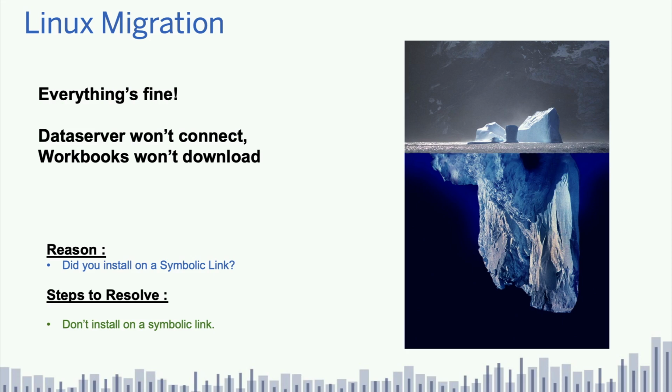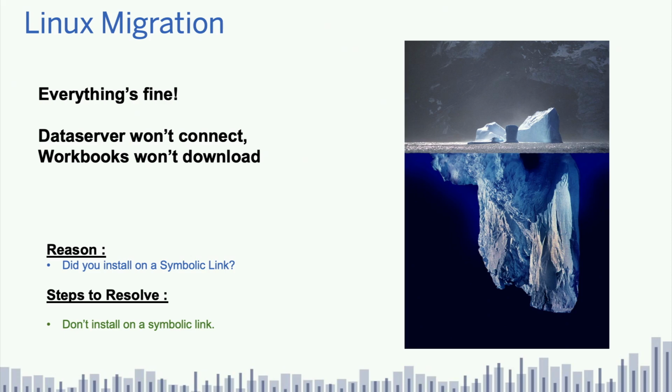Tableau internally uses symbolic links to find its binary files, and I think stacked symbolic links just don't work for it. We do have an option at install time to redirect the default folder somewhere else. In Windows, you get the install screen and it says install in Program Files or install on some other drive. In Linux, there's a -D option so that you can redirect Tableau to install its files in some other place.